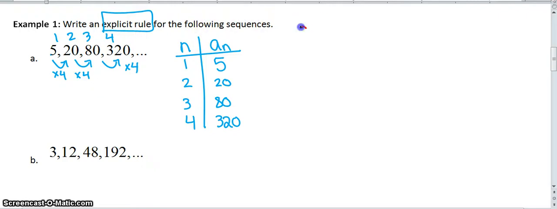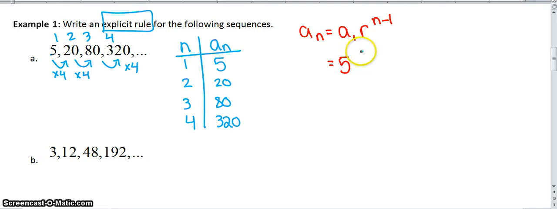Now to formalize this, the general formula for any geometric sequence is: any term equals the first term times the common ratio raised to the n minus 1 power. Okay, this is the general formula you can use for any geometric sequence. So to plug in those numbers and confirm that this works, the first term in this case is 5.